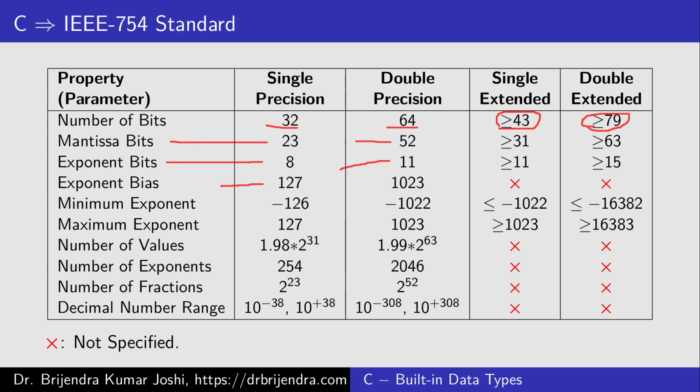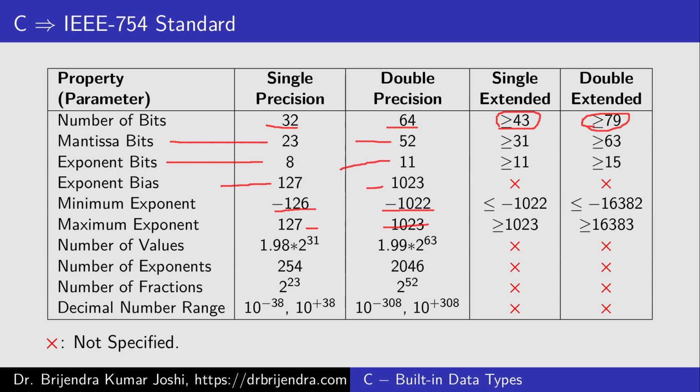Exponent bias is 127 in case of float and 1023 in case of double. The minimum exponent is minus 126 and minus 1022, and the maximum exponent is 127 and 1023, and so on.